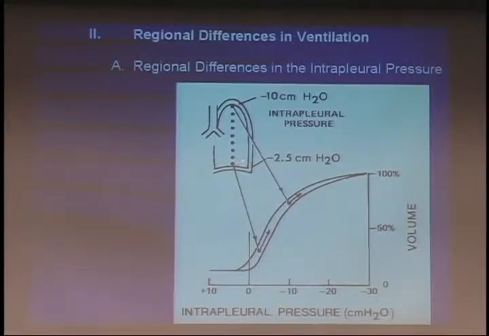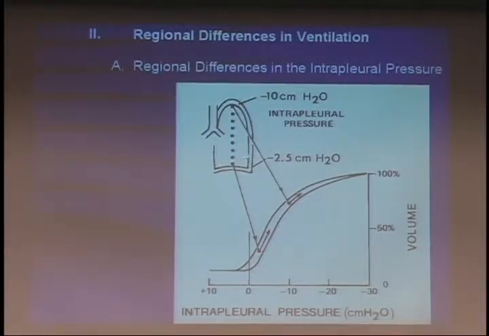So the ventilation would be greater at the bottom than at the top, and it's merely a result of the fact that gravity acting on the lung is tending to compress it towards the bottom, making it more compliant. In fact, the slope of this line has the units of change in volume over change in pressure, and therefore satisfies the definition of compliance.